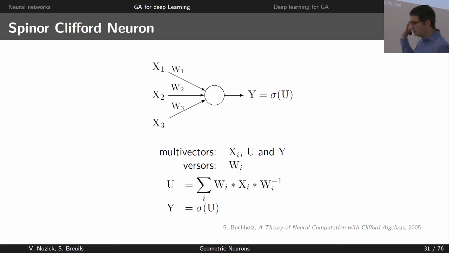Then you can understand what a multivector is. What you should understand here is that if you have a d-dimensional vector space, then a multivector will have 2 to the power of d components. So it's a bit bigger. So you have to be careful about this. So do not take too high a dimension.